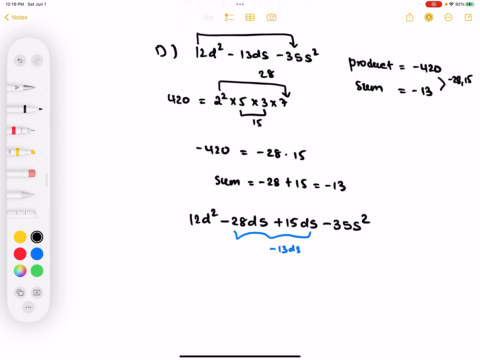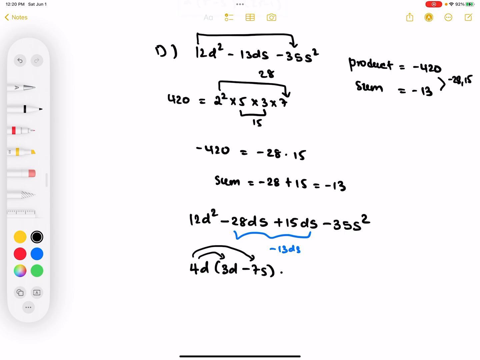Now let's factor the 12 and 28. So I have a factor 4d, 3d then minus 7s. When you distribute, it should give you 4 times 3d is 12d squared, and this times this one is minus 28ds. That is okay.